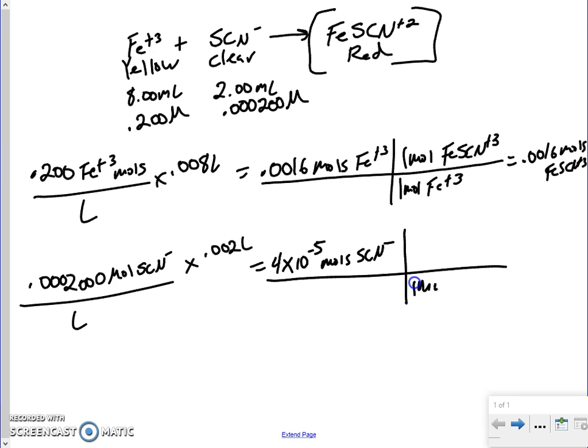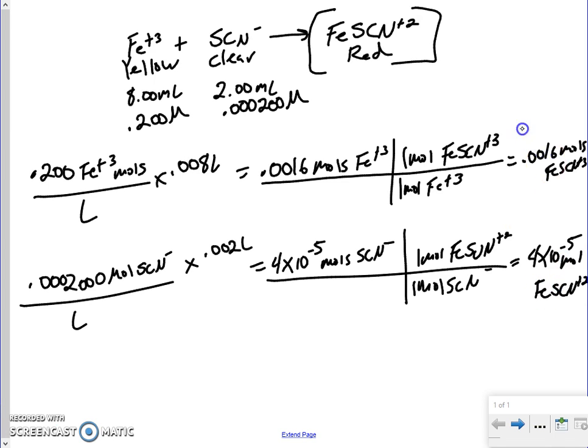Okay, from here it's a 1-to-1 ratio again. Okay, and that's going to give us 4 times 10 to the negative 5th moles for our iron thiocyanate.